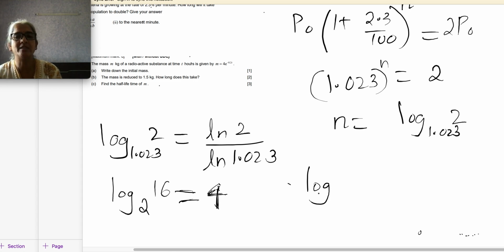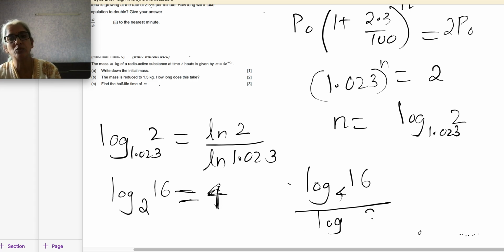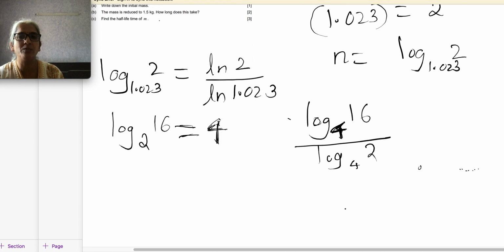The change of base rule says log of 16 to the base 4 upon log of the old base, which was 2, to the new base. So whenever I'm changing the base, the rule says log of the numerator to the new base divided by log of the old base to the new base. Is it going to give me the same answer?